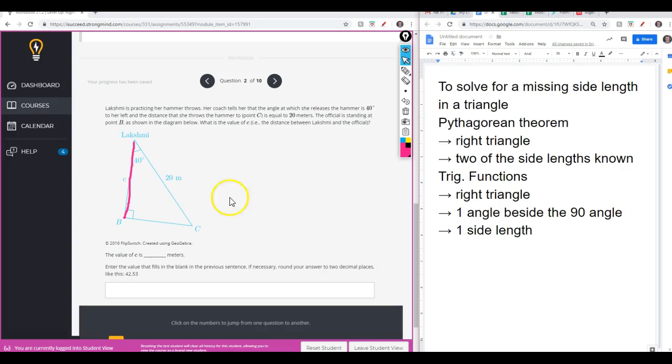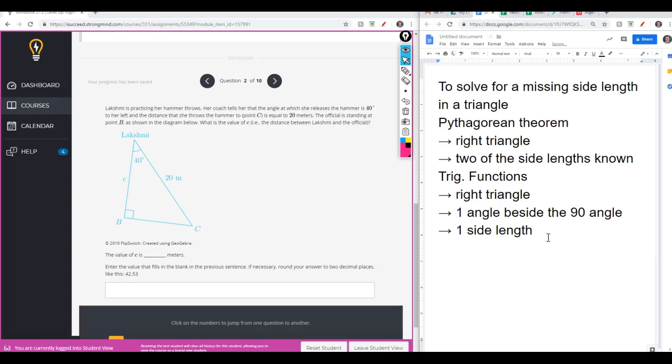So if I look at this, I have my 90-degree angle, so it's a right triangle. Check. One angle besides the 90-degree angle. It's marked as 40 degrees. Check. And one side length is 20 meters. Alright, so now we're going to be using the trig functions.